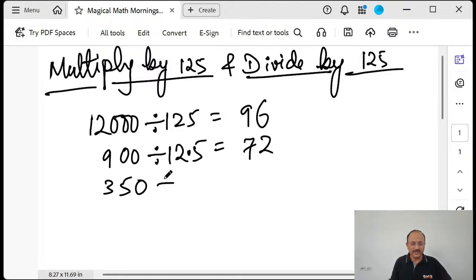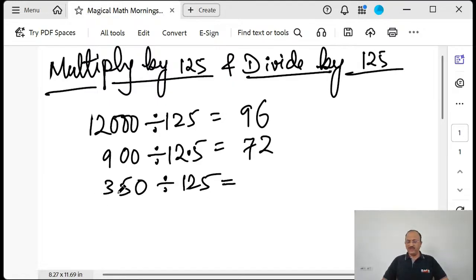Let's take one number, 350 divided by 125. How do you do this? Easiest is to first divide by 1,000.